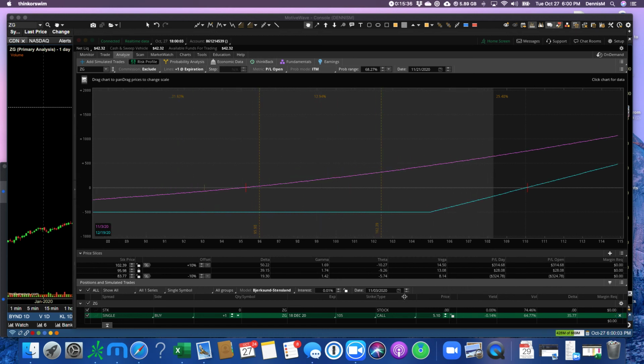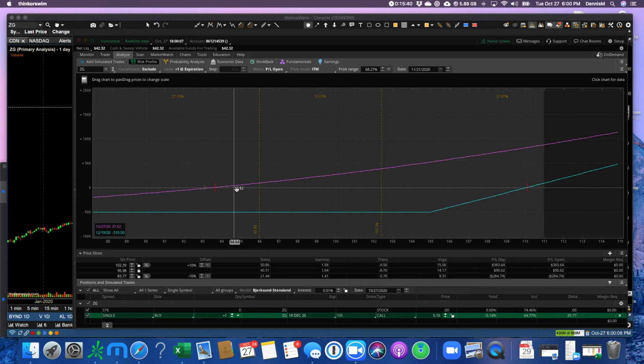However, let's go back to today. This is your daily profitability curve. This is where the stock is trading today. If it moves up to 96 tomorrow, you'll make $95. So you make $95 if it goes up tomorrow by buying the December 105 instead of the December 95 that we had before.